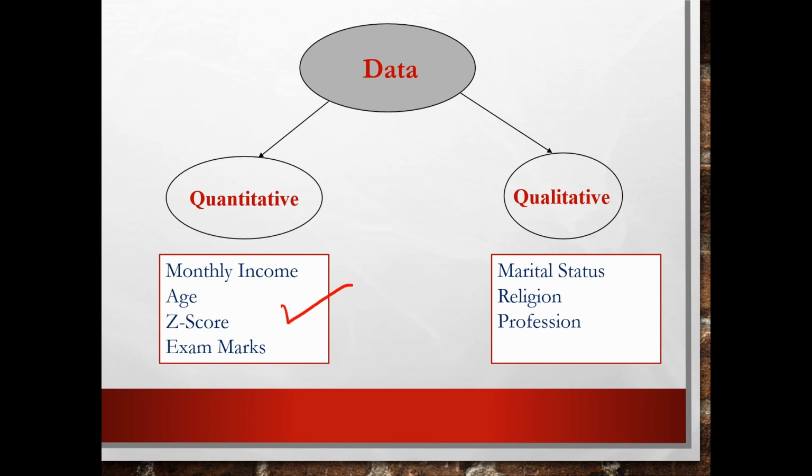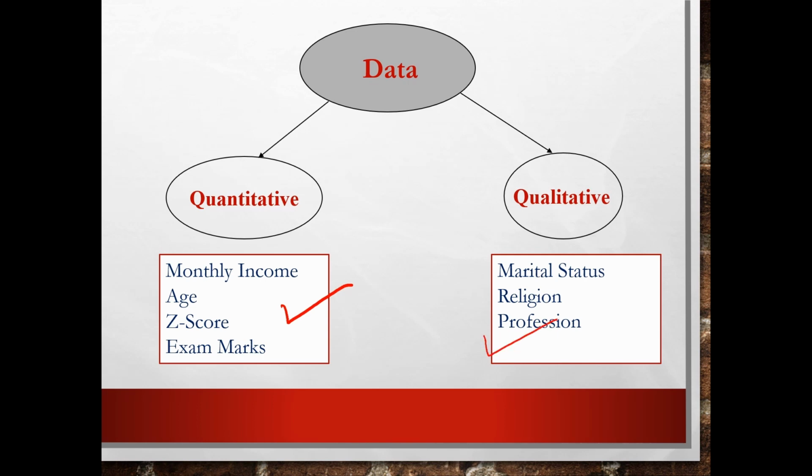Then in our data, we might be collecting people's marital status, the religion, the job that they are doing, and the sector that they are working in. Likewise, we are collecting non-numerical data or qualitative data that falls under qualitative or categorical data, right?